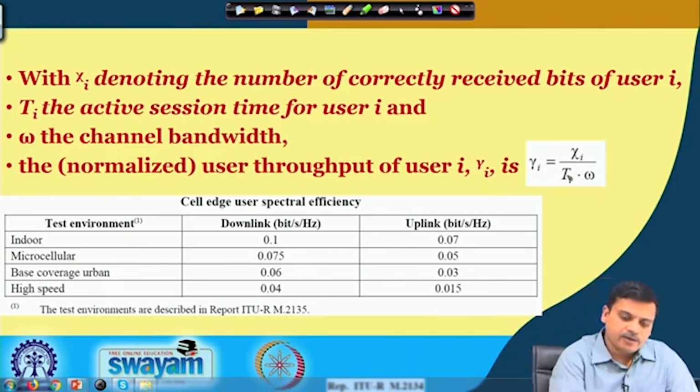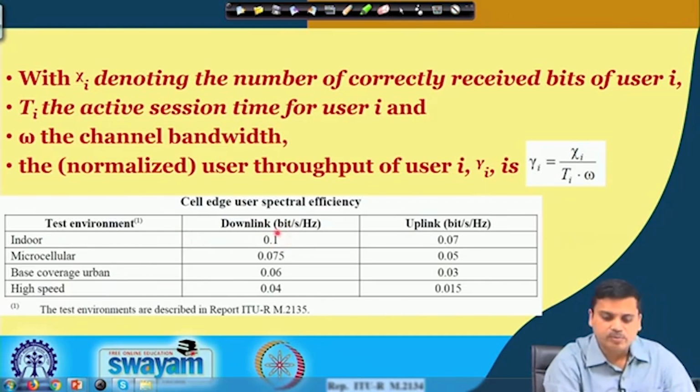So, this is how you usually get it. And again, if you look at the requirements that have been defined, what you see is that in indoor condition, in downlink it is 0.1 bits per second per hertz, whereas in uplink it is 0.07. As usual, the downlink is higher than the uplink, and this entire range covers the different propagation environments that have been described in M.2135.